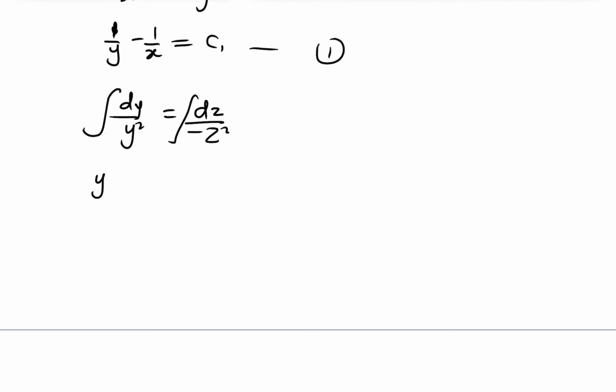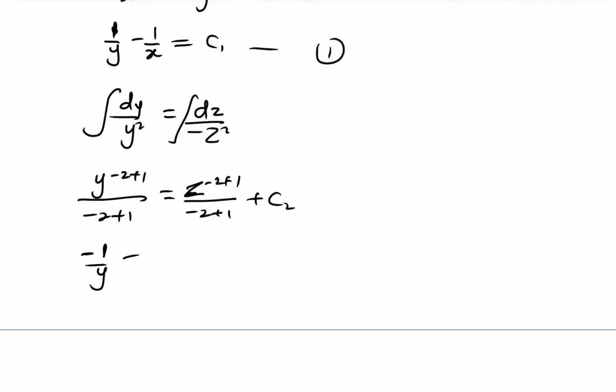That means y to the power minus 2 plus 1 over minus 2 plus 1 equals z to the power minus 2 plus 1 over minus 2 plus 1 plus c2. For this constant, this is going to be minus 1 over y equals minus 1 over z plus c2. So this is going to be 1 over z minus 1 over y equals c2.